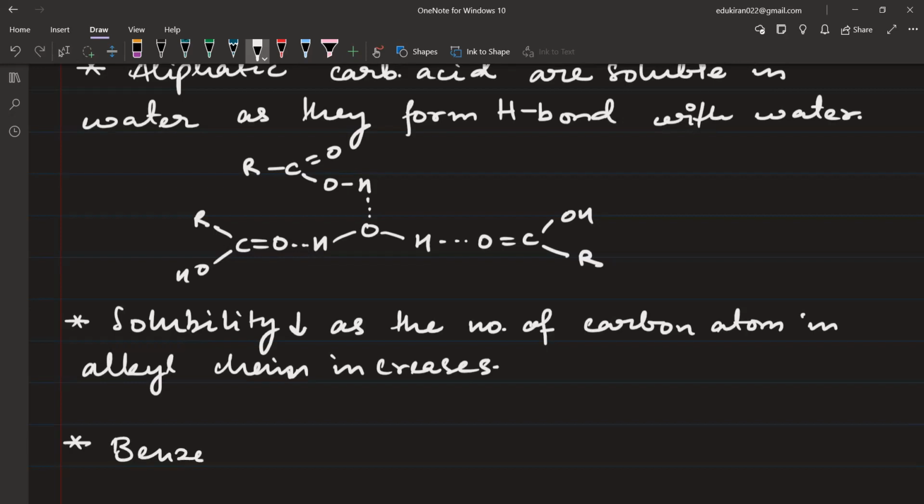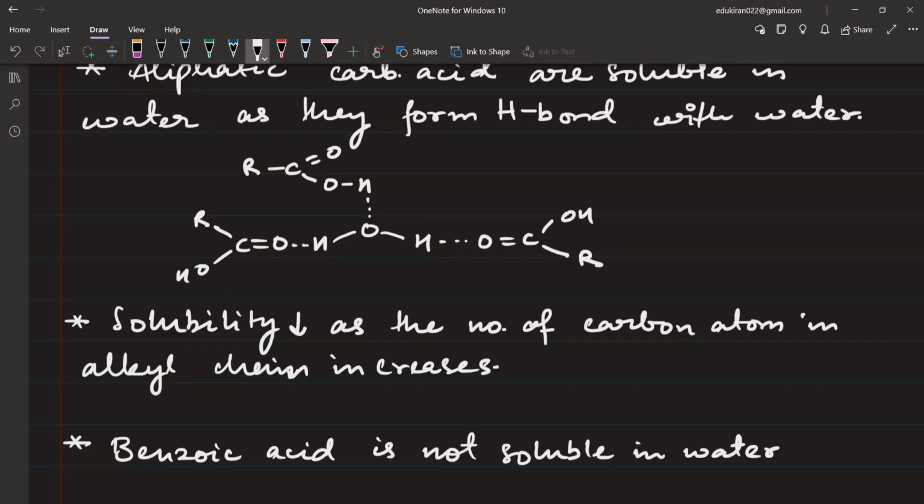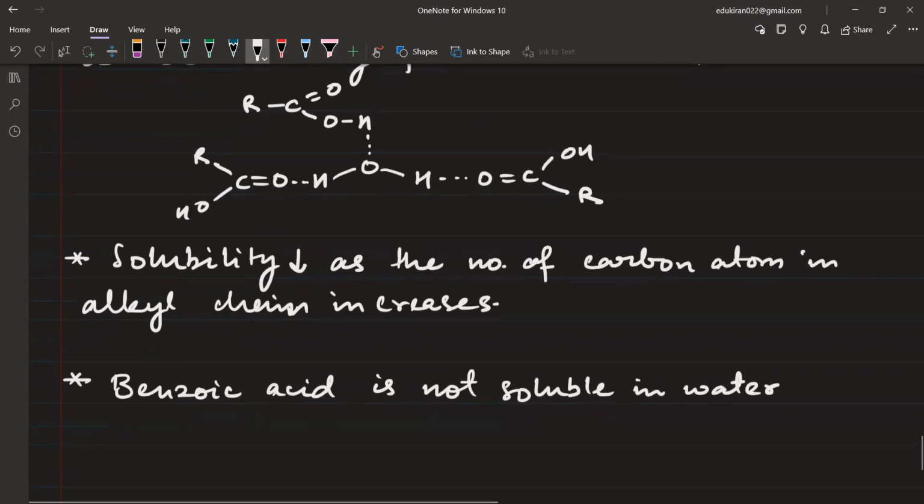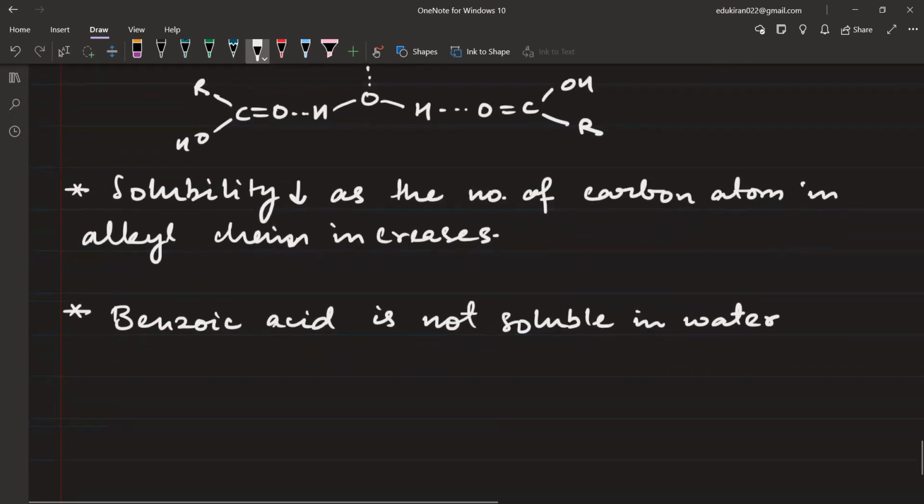Generally, carboxylic acids having more than 4 carbon atoms are also not very soluble, but in general we can say carboxylic acids are soluble. So if benzoic acid is not soluble in water, it will not react in water. So how can we react benzoic acid? We will react benzoic acid in the presence of an organic solvent. Okay, so please write next.